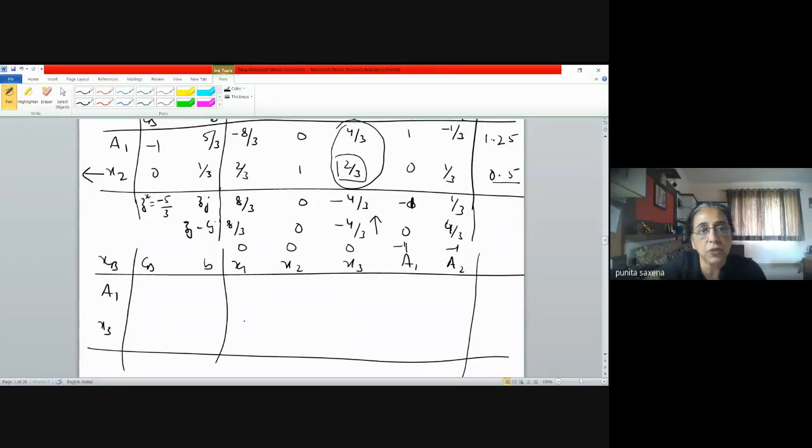So basically, we are going to multiply R2 by 3 by 2, right? So it's going to be 1 by 2, 1, 3 by 2, 1, 0, 1 by 2. And now change R1 to R1 minus 4 by 3 new R2.